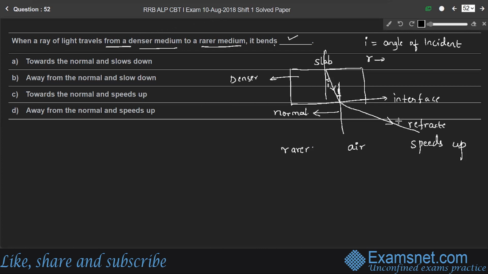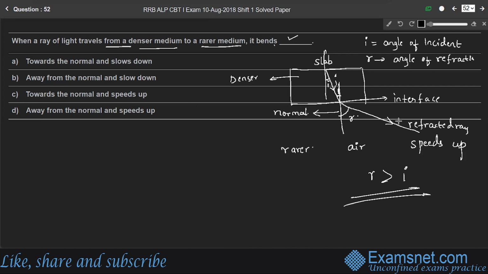R is nothing but the angle between the refracted ray and the normal. So this is the angle of refraction. You can easily see that the angle of refraction R is greater than I. Therefore, the refracted ray moves away from the normal and its speed increases.